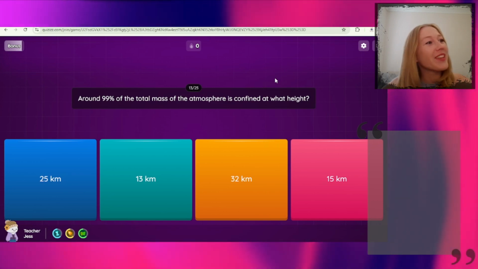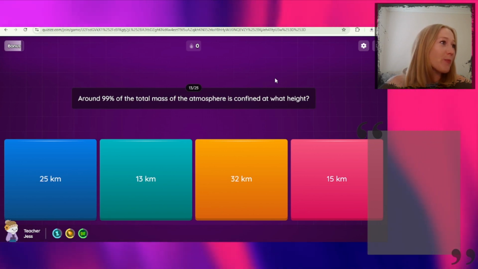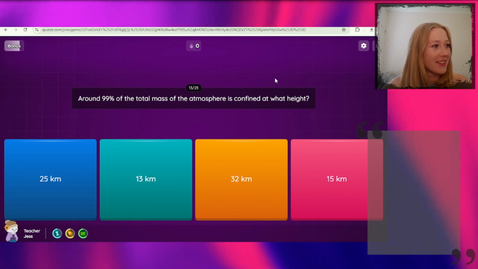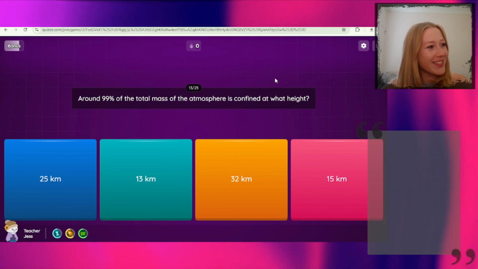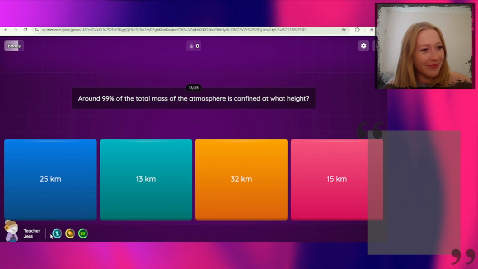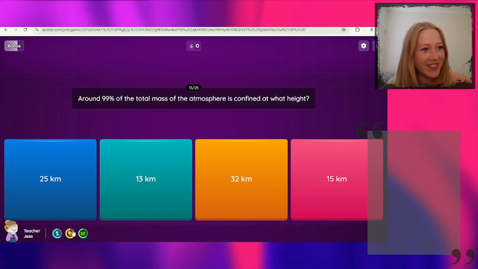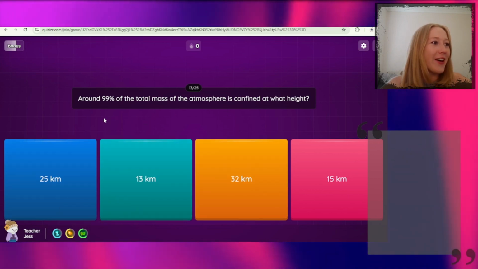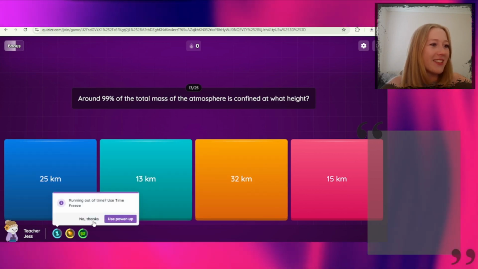Damn it. Around 99% of the total mass of the atmosphere is confined at what height? Now I'm nervous. I don't know. Can I get like some kind of a boost? No? Okay. No, no, go away.